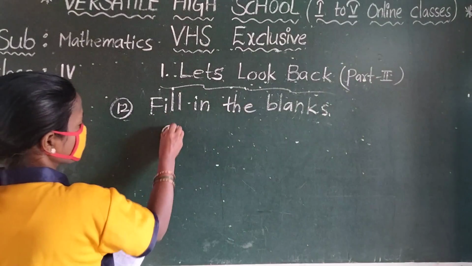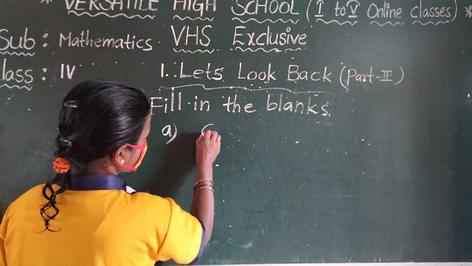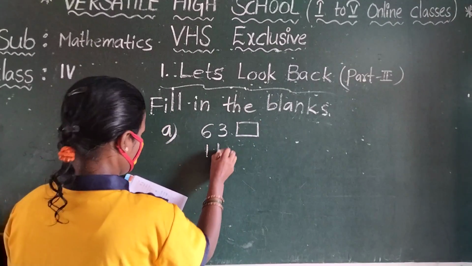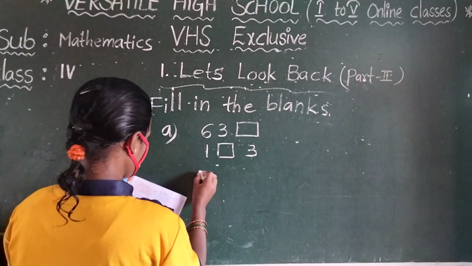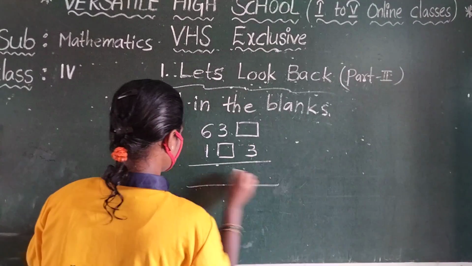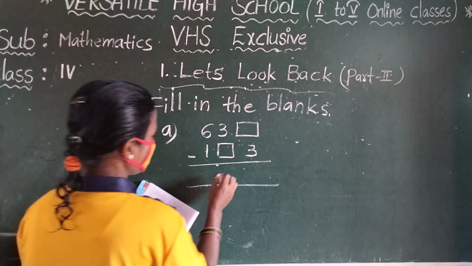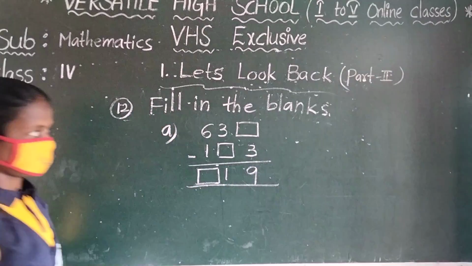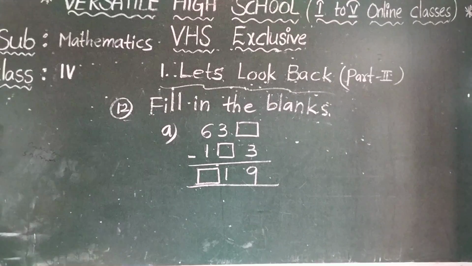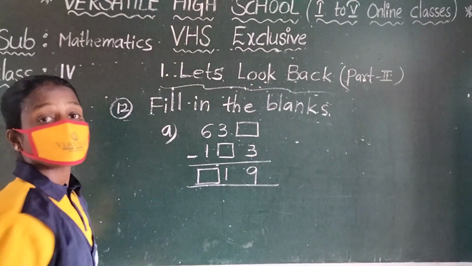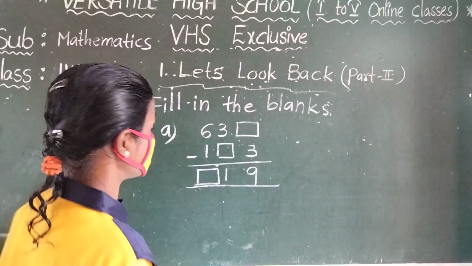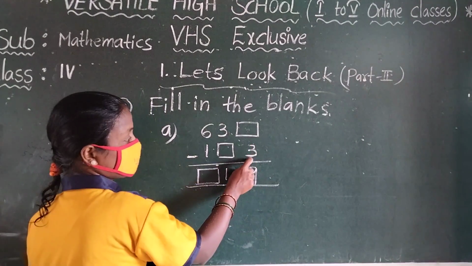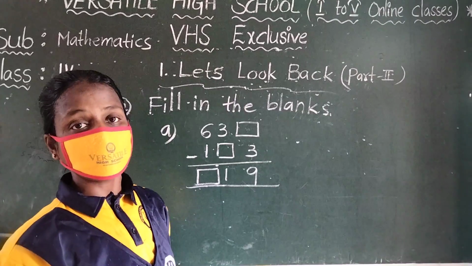So what is the question giving us? 6, 3, box, 1, box, 3. Subtraction. The symbol is giving us subtraction. 1, 9. Here it gives us a box. Observe what the symbol is here. Minus. Minus means subtraction. So box minus 3 is equal to 9.